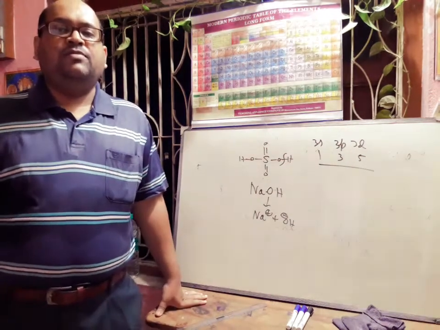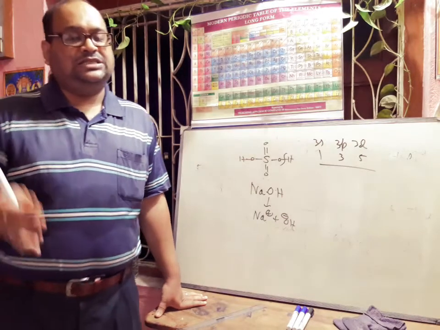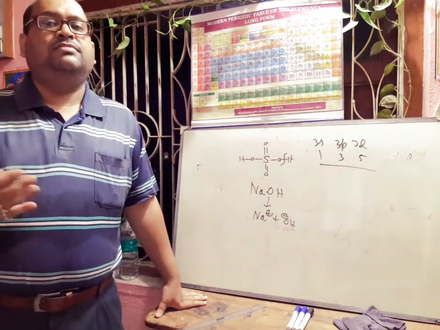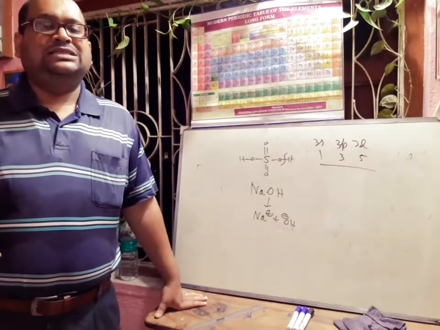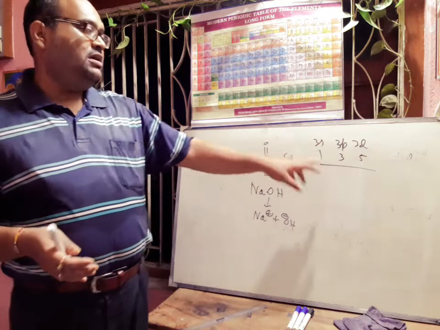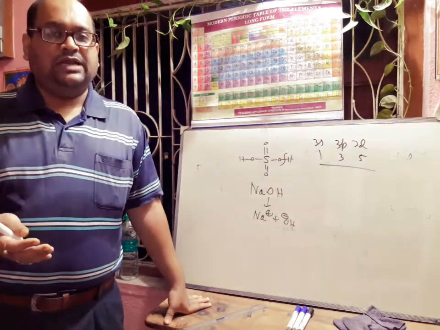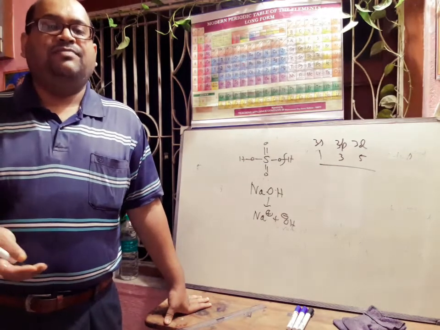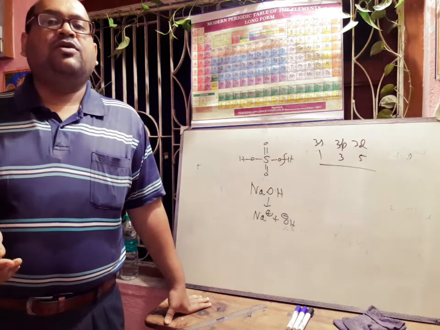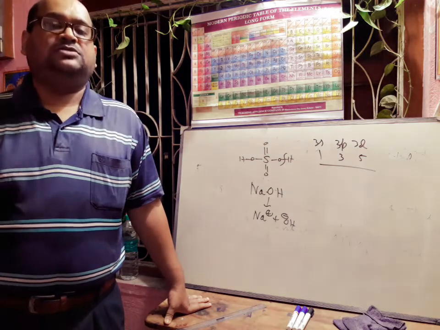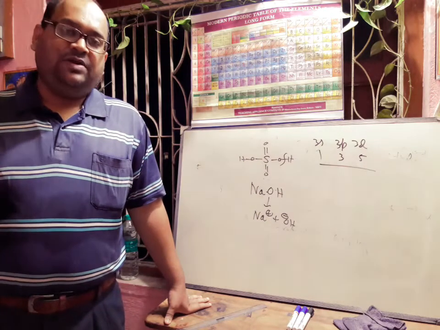As a result, since the first member has no d orbital, its maximum covalency will be 4. But period 3 elements can expand up to 9. For example, aluminium can form AlF6 3-, but boron can form only BF4-. So these are the anomalous properties of the second period elements.